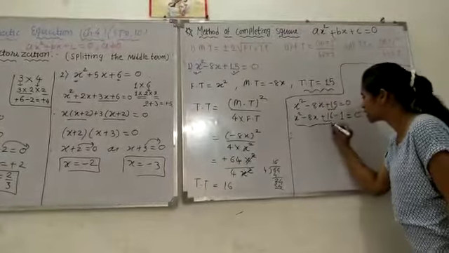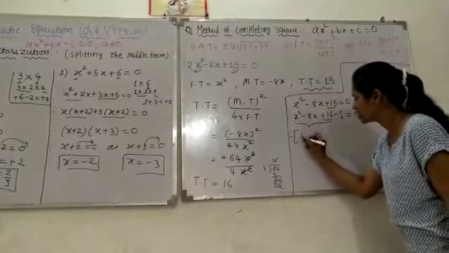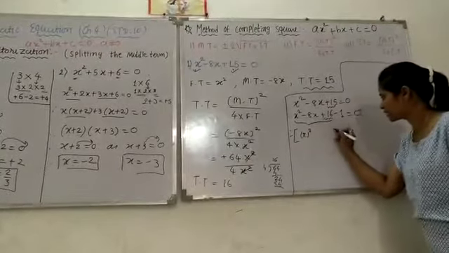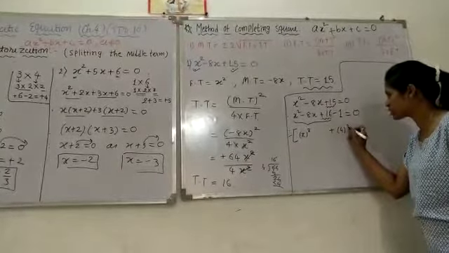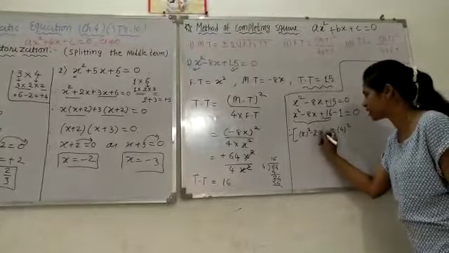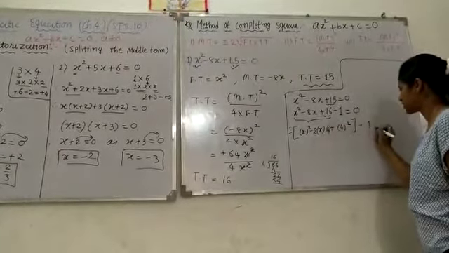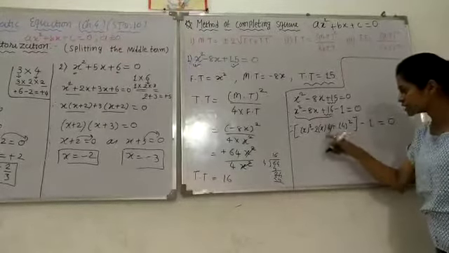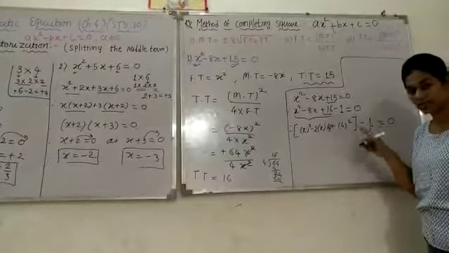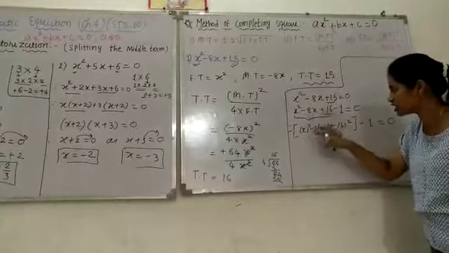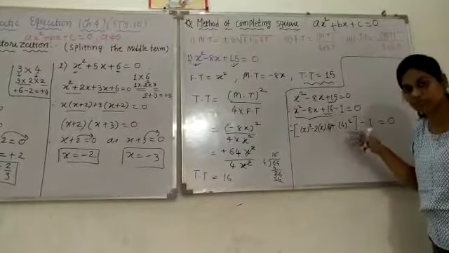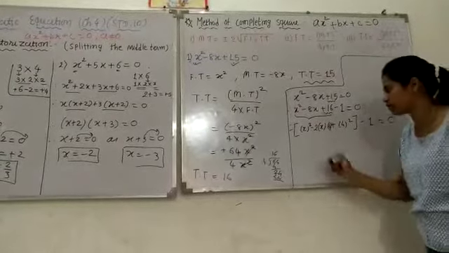So now this becomes x square and this 16 becomes 4 square. And this is your middle term, minus 2 times first and second. Minus 1 as it is. This is called the perfect square method because we convert this into a minus b whole square or a plus b whole square formula.